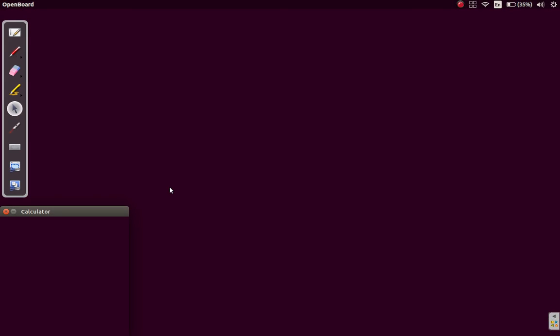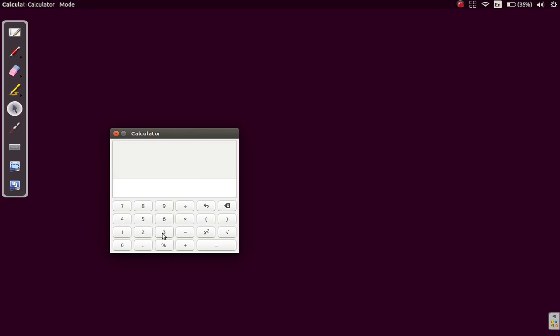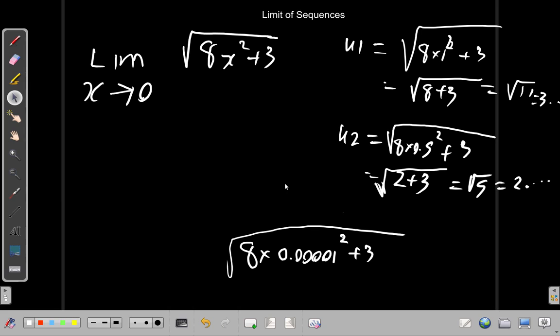It's saying 0, but I want something very close to 0. I'll try 0.00001 squared. This calculator has a square on it. This is also saying 0. It's so small, the calculator just says 0.